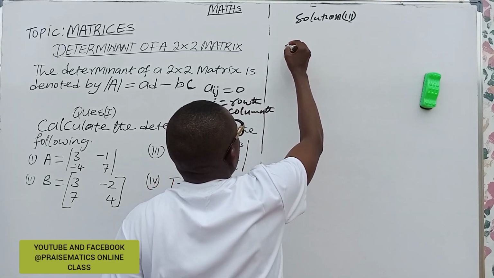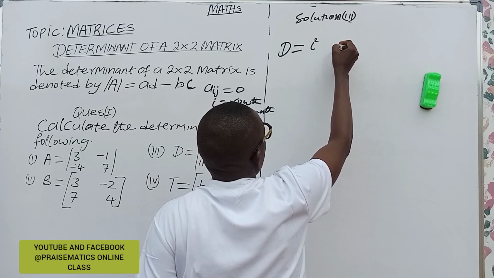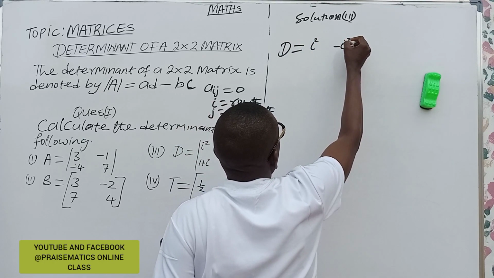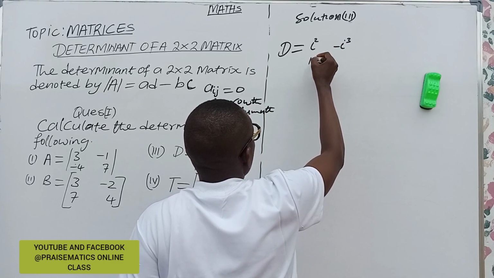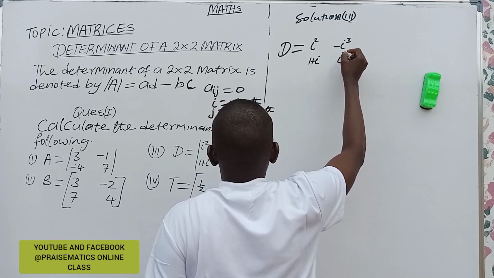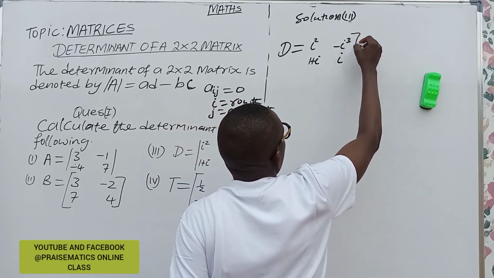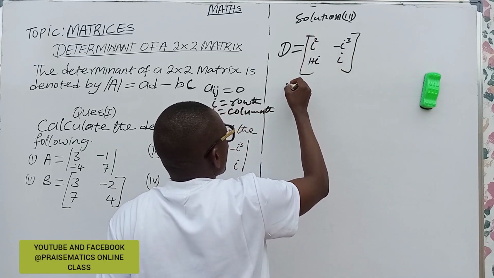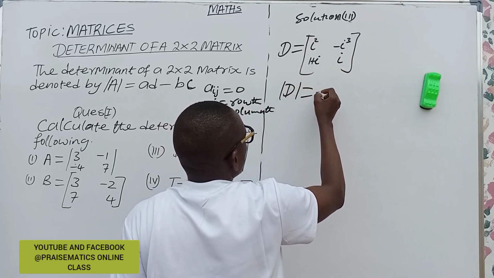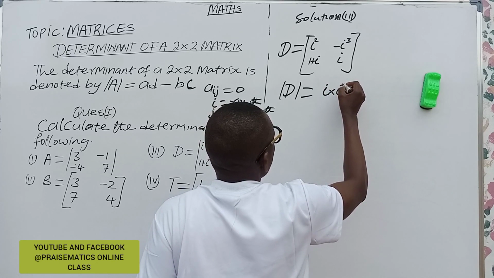Solution 3, we have that D is equal to i squared minus i power 3, 1 plus i. We find the determinant, which is the same thing as well. i multiplied by i squared.